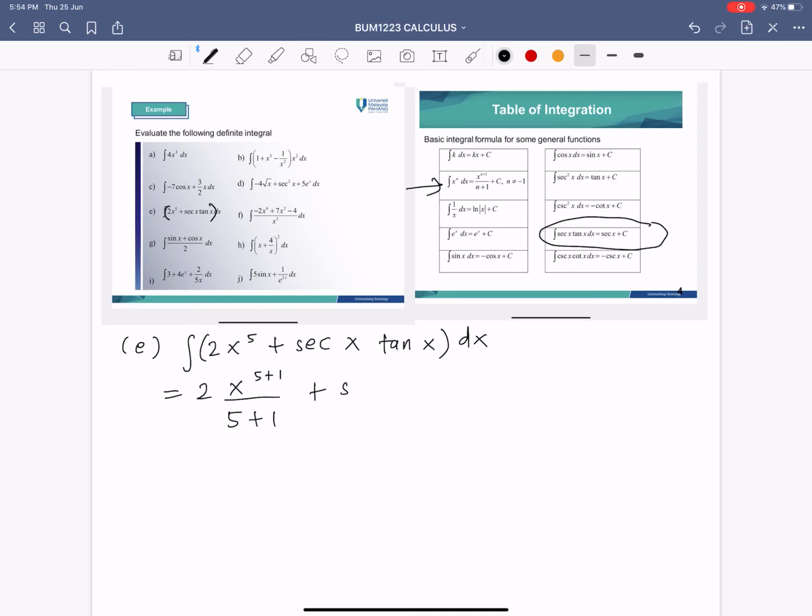So plus secant x plus c. Don't forget when you start the integration, you must have plus c at the end of your answer. So here we have 2x power of 6 over 6 plus secant x plus c, which is equal to x power of 6 over 3 plus secant x plus c.